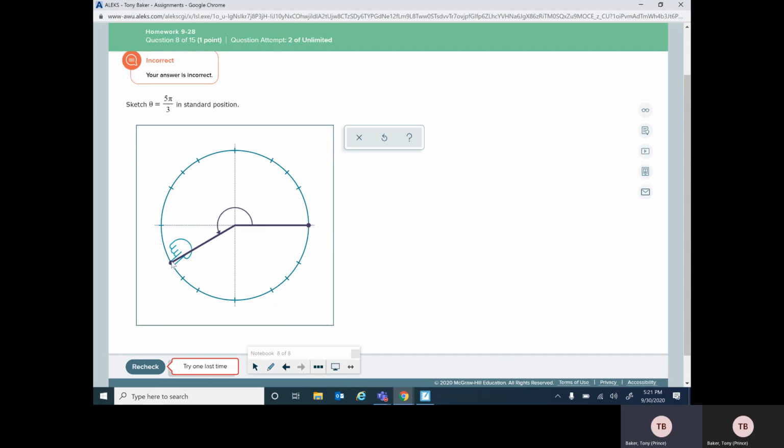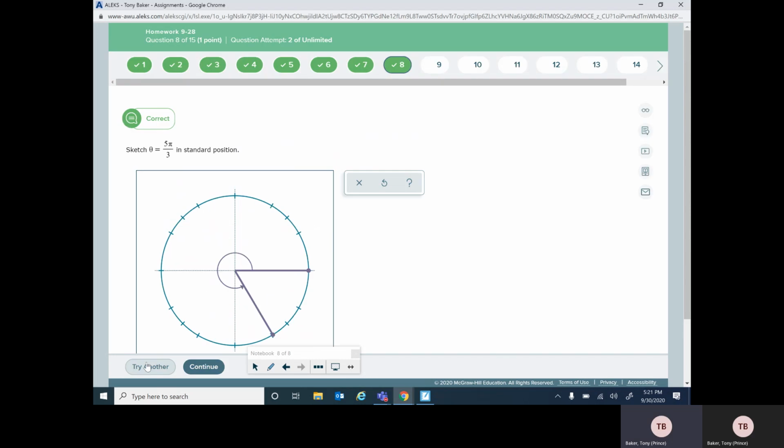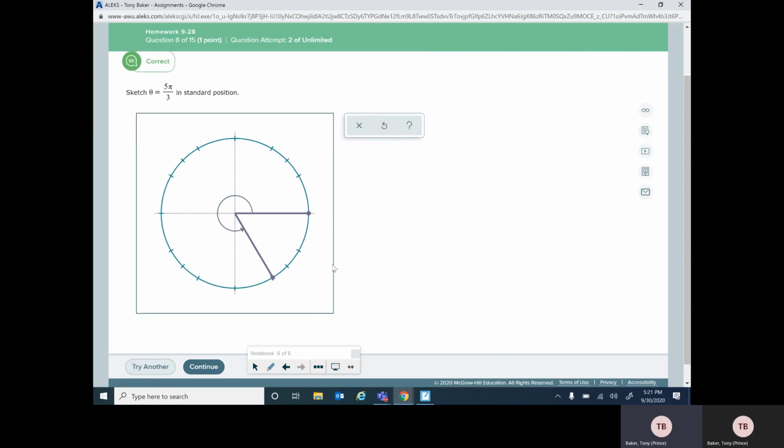Oh, 5 pi over 3 is actually bigger than 3/2, so it's on that side.